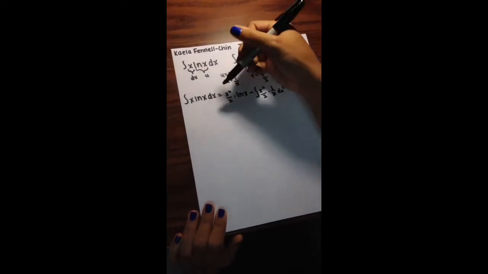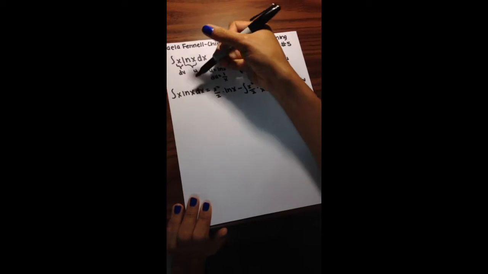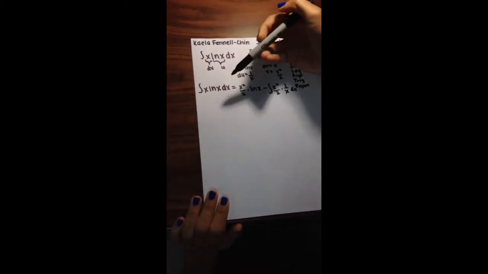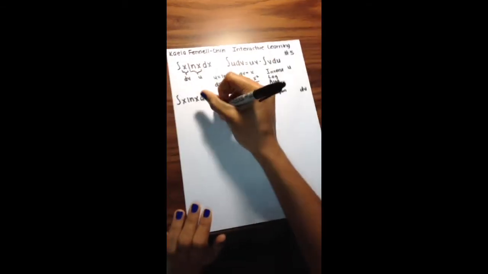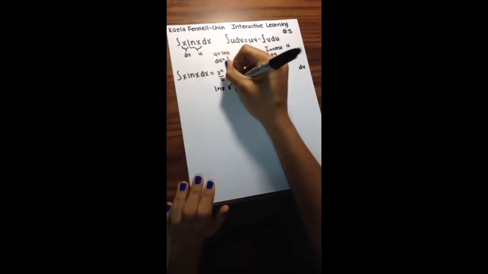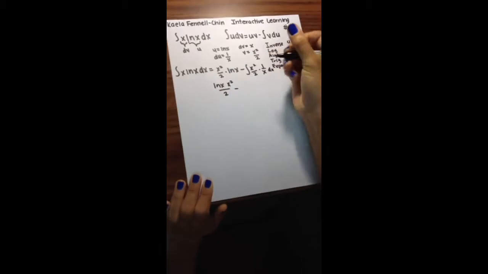So now this is actually what we have up here, so we're seeing we're going along with the process to find the integral of this. So we can simplify this and just put x squared ln x all divided by 2 minus.